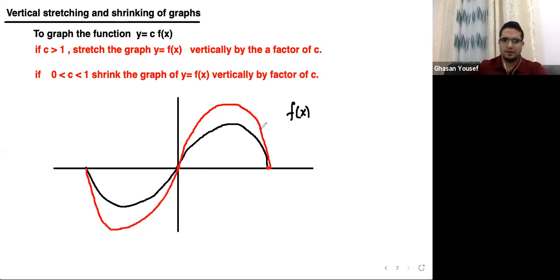So this is the graph here. The red one is c f of x, such that c is greater than 1.